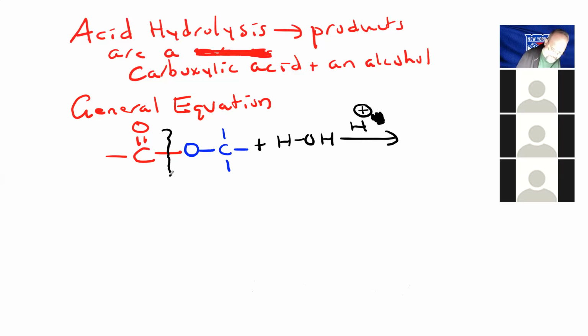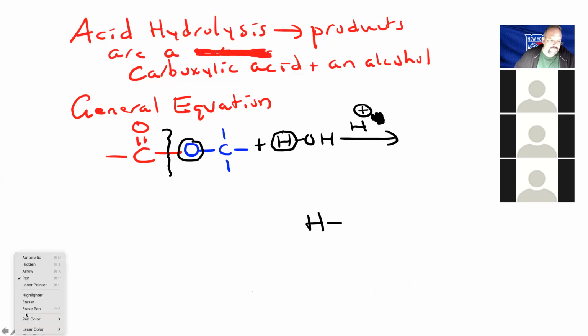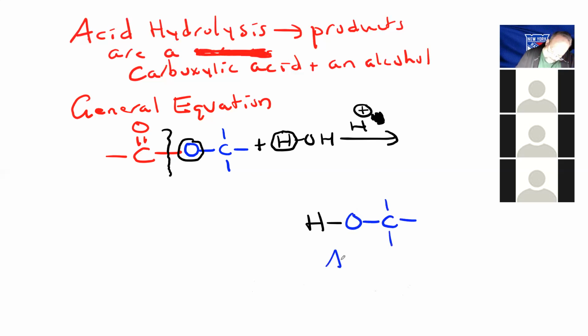Okay. The alcohol oxygen, which is here, is going to pick up a hydrogen from water. So for one of the products, you're going to generate an alcohol. Hydrogen, oxygen, carbon group. What is that? That's an alcohol.